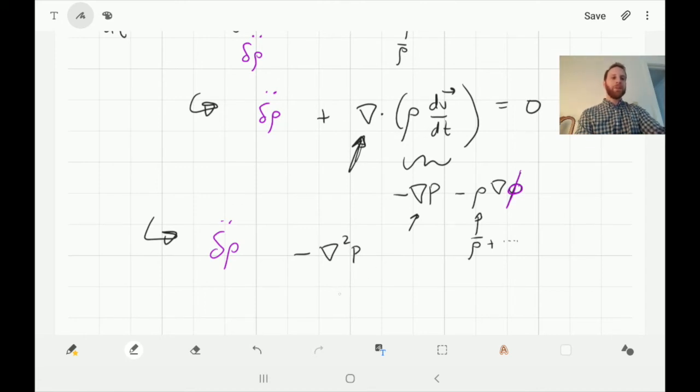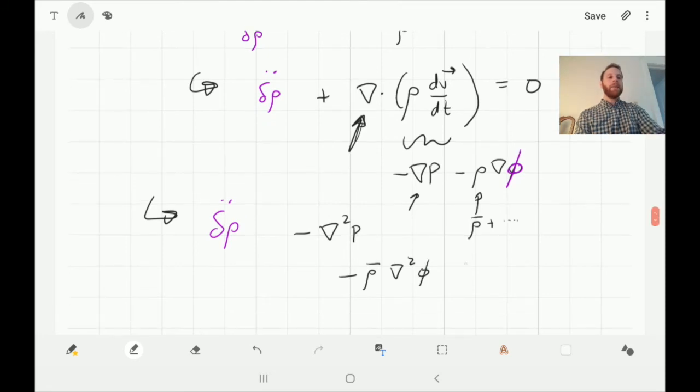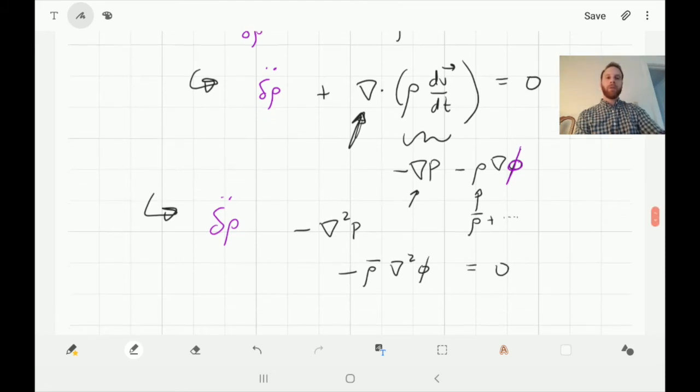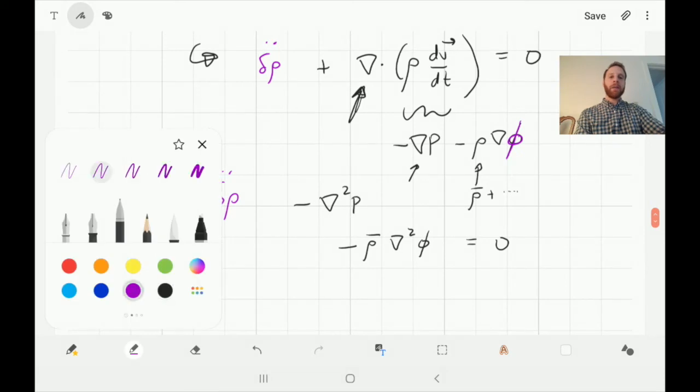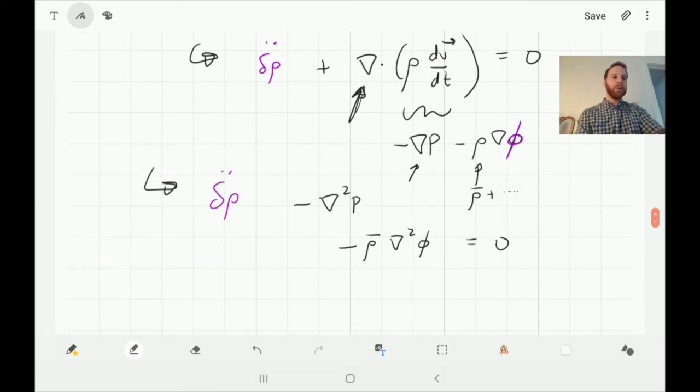So what I should put here is minus rho bar times the Laplacian acting on phi, and that's all equal to 0. I hope that I'm not going too quickly with this.